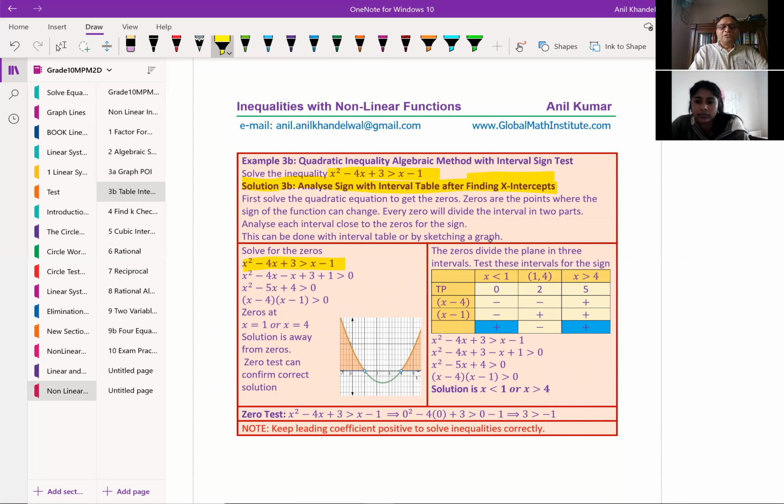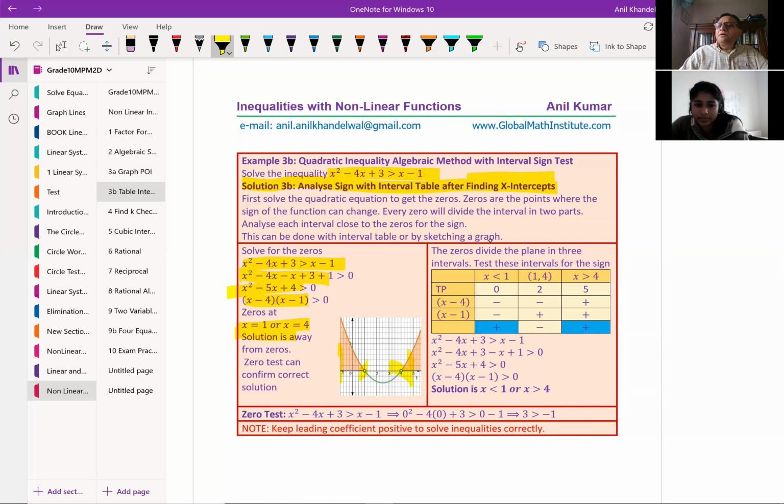So I've followed the method you were saying earlier, bringing x minus 1 to the left side. When I brought it, it got factored, and then we got the zeros. Those are the x-intercepts we are talking about. We are interested in finding the region which is our solution, greater than 0. Greater than 0 clearly means we should not include the zeros, and beyond is our answer. As shown here, the orange portion is your solution. We are done with it.